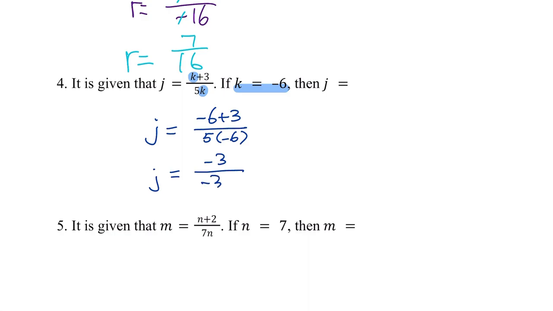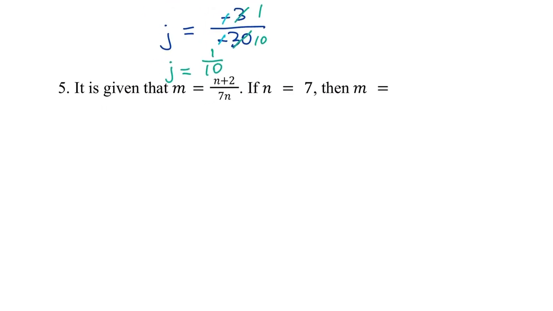So -30. Can I simplify anything? Yes, the negative signs first. How about the numbers this time? One is 3, the other one is 30. Can they be simplified by something? Yes, by 3, giving 1 and 10. So your final answer is 1/10. Of course, you can click calculate -3 over -30. You will still get 1/10 in the end. But if you can do it by hand, that's a better thing, right?